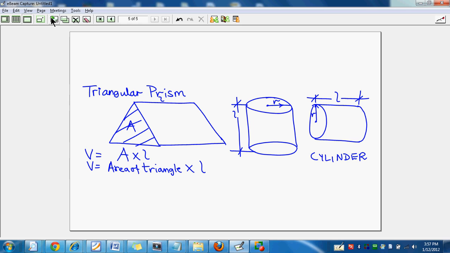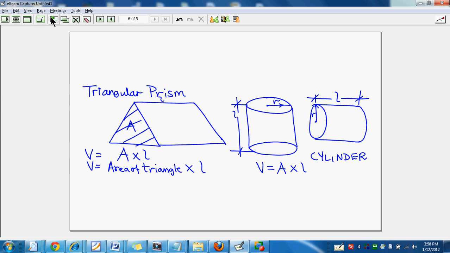Now a cylinder can be either positioned vertically or it could be placed horizontally, right, on its side. And if we had to find the volume of that cylinder, the volume again is the cross-sectional area of the uniform cross-section times the length perpendicular to it.